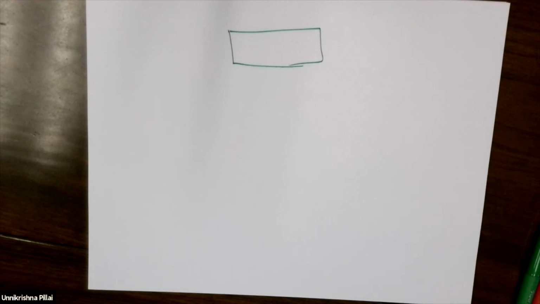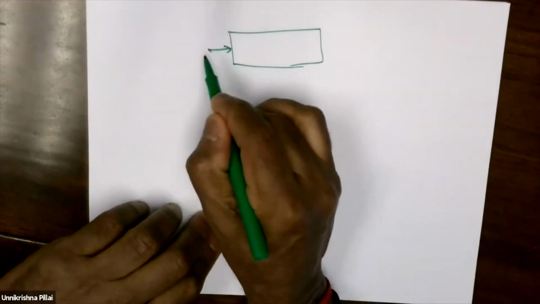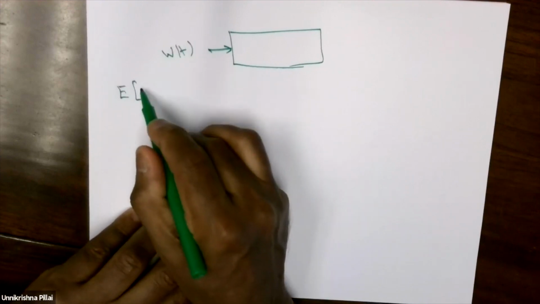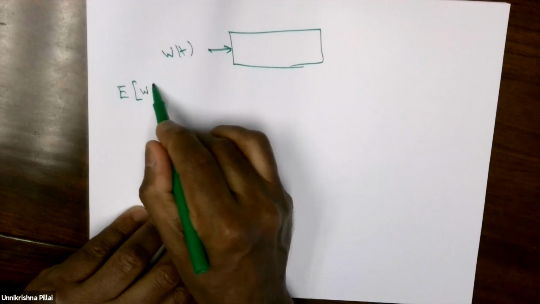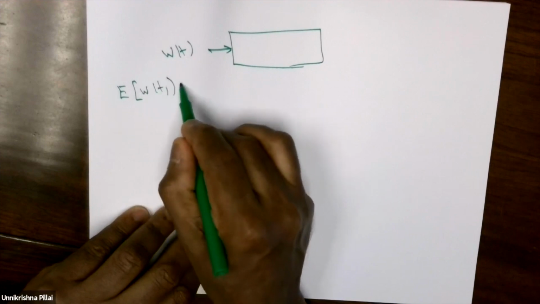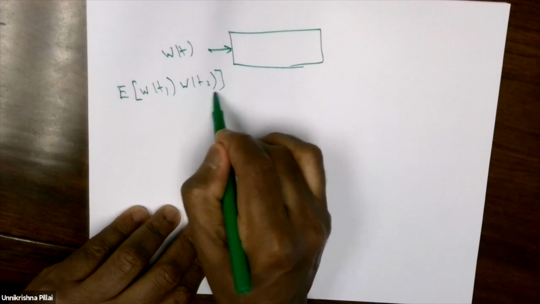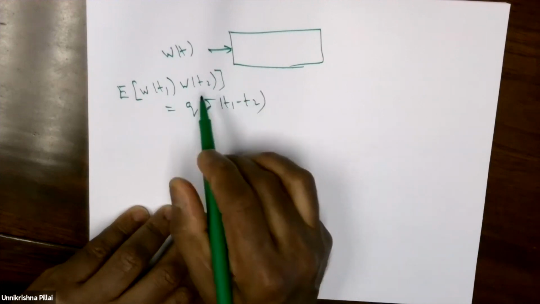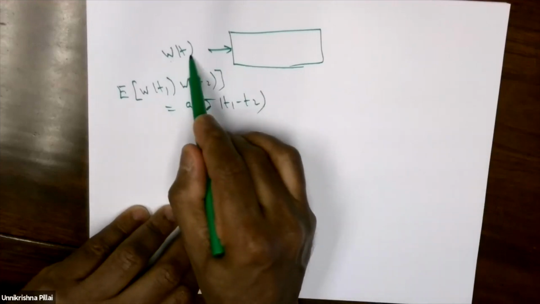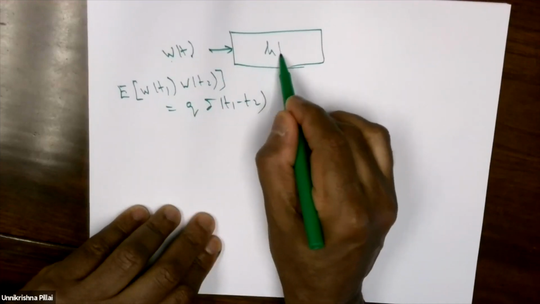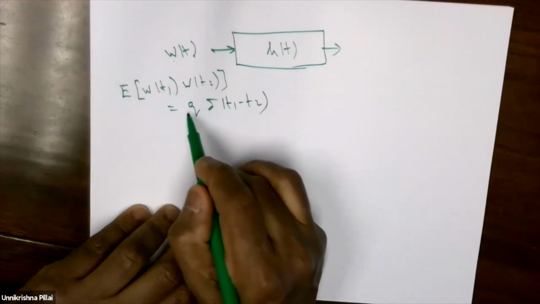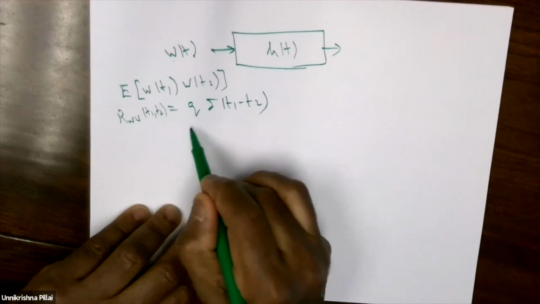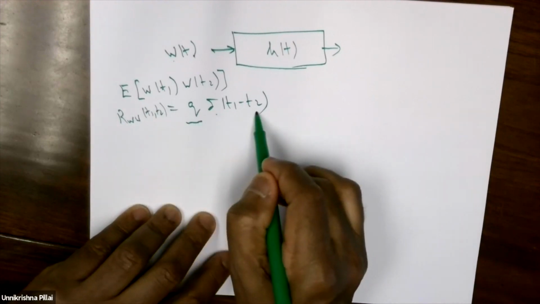As an application, suppose we have an input process W of t whose autocorrelation function RWW(T1, T2) is some constant q multiplied by delta(T1 minus T2).